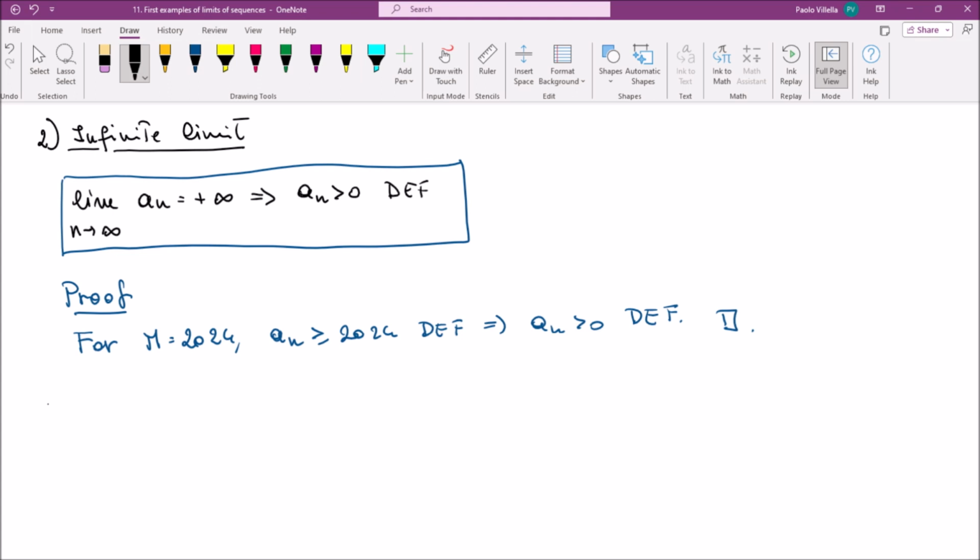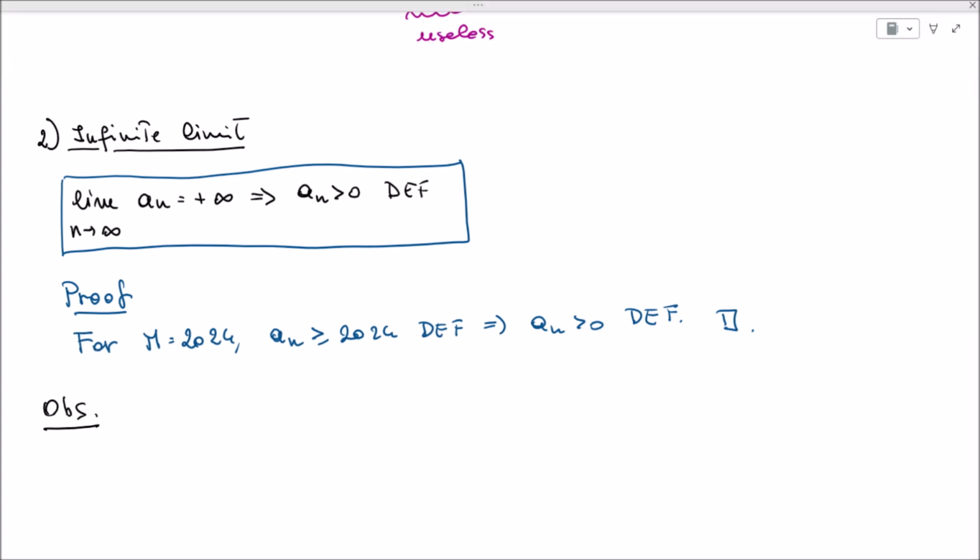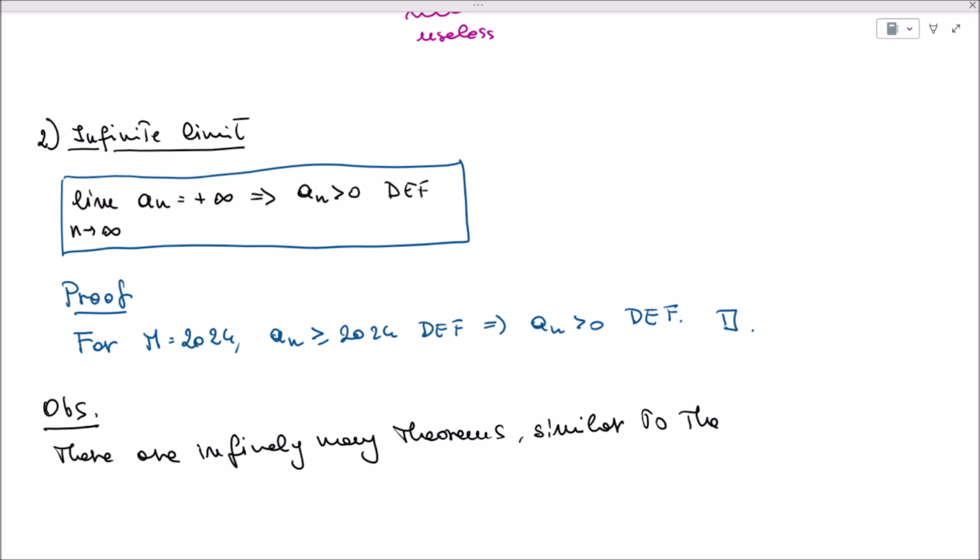Now, it is easy also to observe that just the way we proved the theorem on the sign permanence, there are infinitely many similar theorems that we can prove to the previous one.